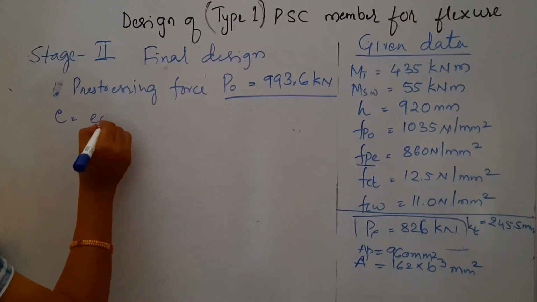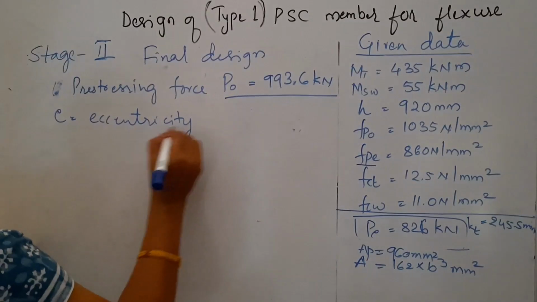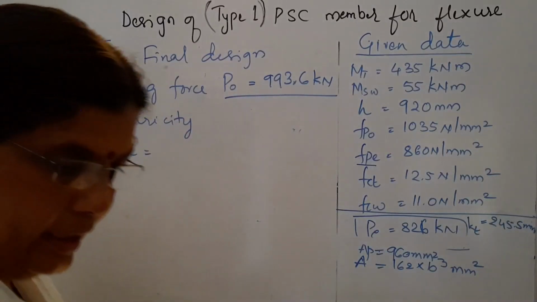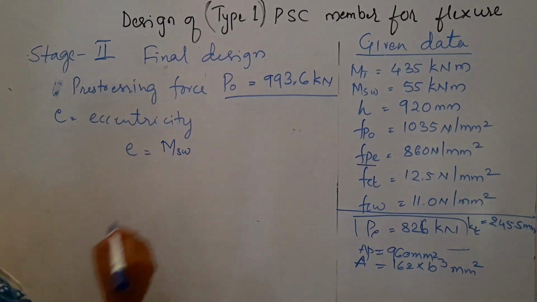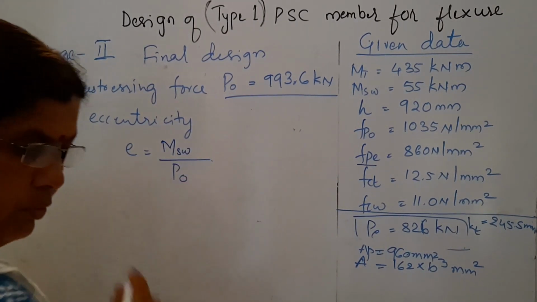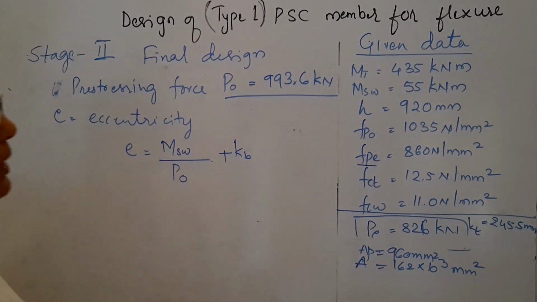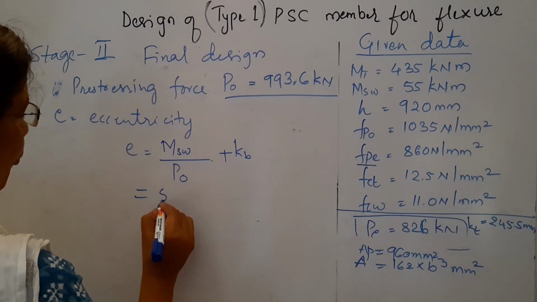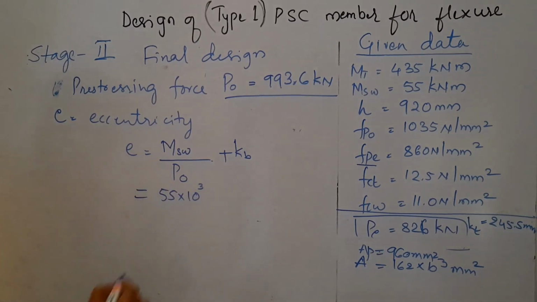Next, the corresponding eccentricity for this initial pre-stressing force. Eccentricity E is equal to MSW or MG, you can take, divided by the pre-stressing force PO, plus Kern point KB. Here it is a symmetrical section, both are same. MSW is equal to 55 kilonewton meter, converted to meters.